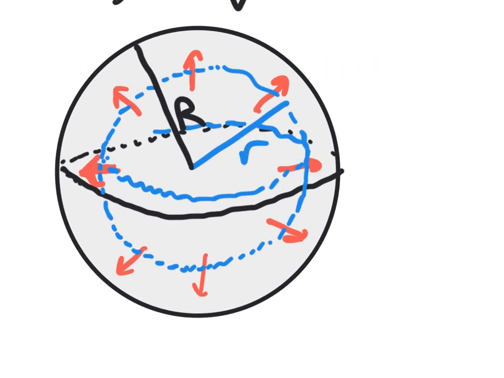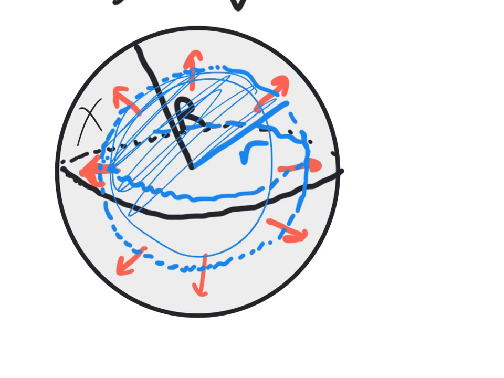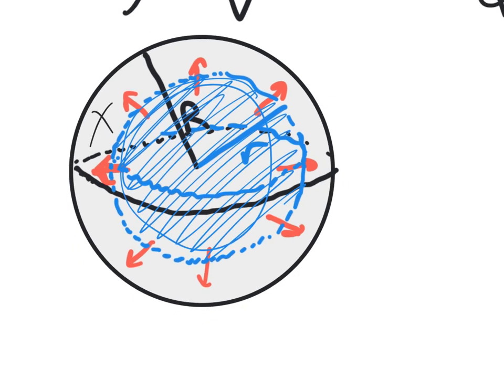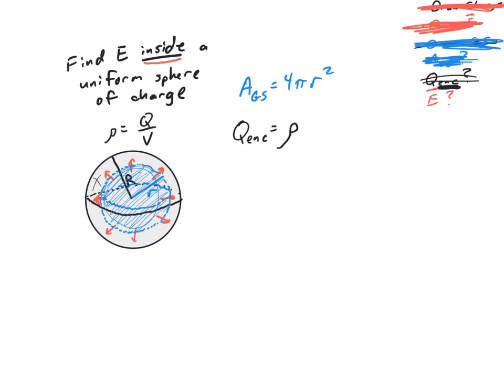So I don't care about this stuff. I only care about this stuff in here. That's just the stuff that goes out to lowercase r. So it's 4/3 pi r cubed. Okay. We don't even use capital R in this one.